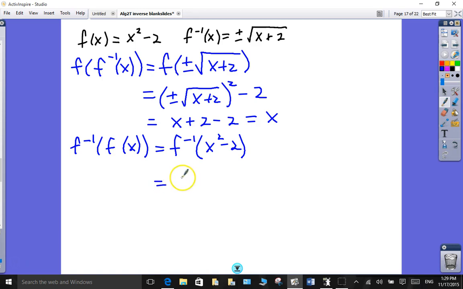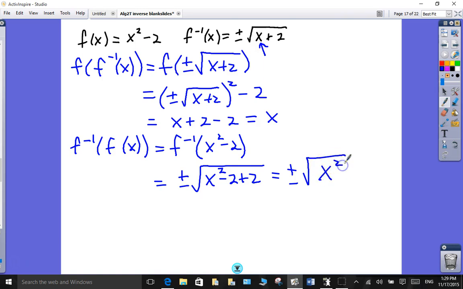And that is plus or minus the square root, and then in the place of that x, I'm going to put x squared minus 2, right? Which is plus or minus the square root of x squared, which is plus or minus x.